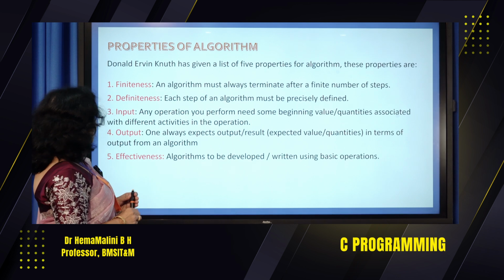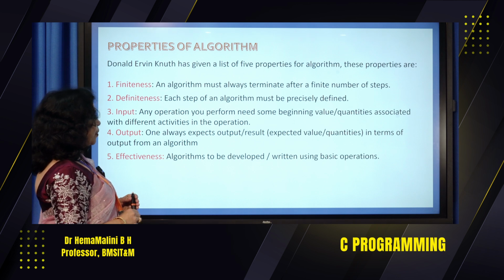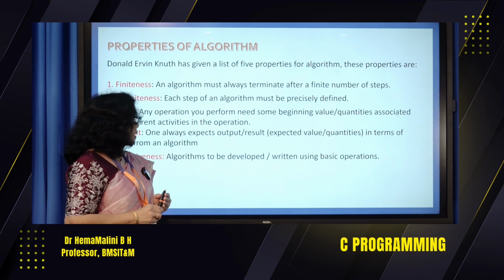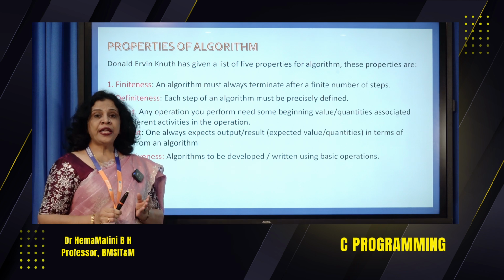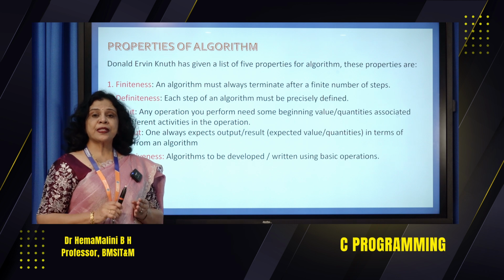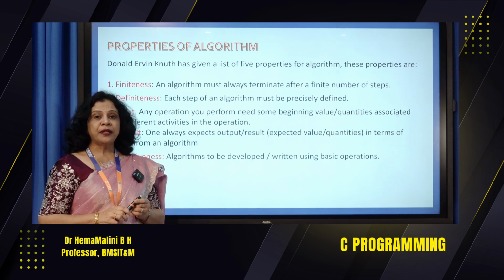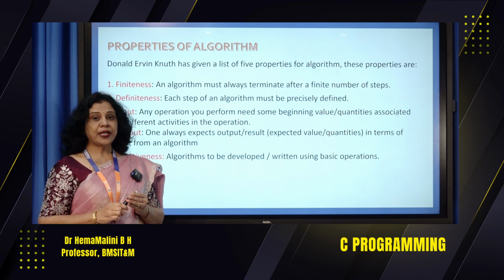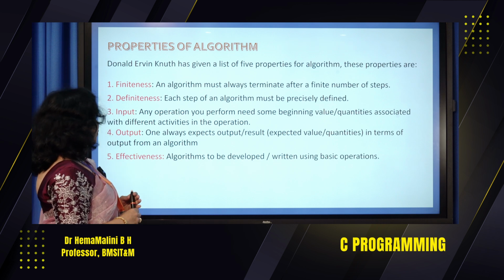Point 3, input. Any operation we perform needs some beginning values or quantities associated with different activities in the operation. For any algorithm, we have to give a specific input. We will be doing some particular processing. It should generate some output. That is how the process works. Next is output.